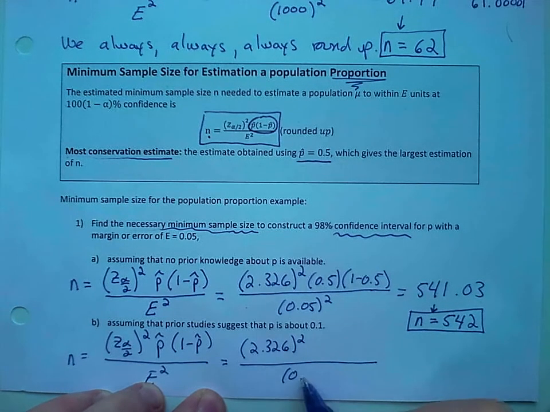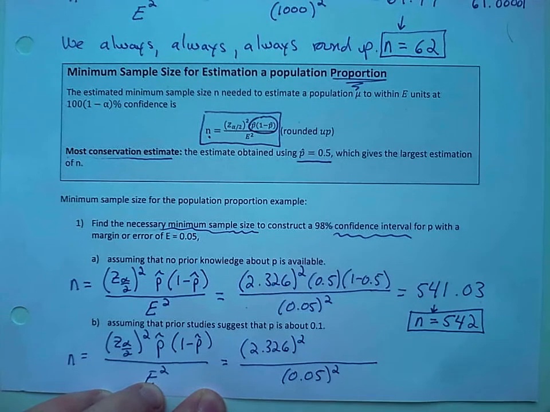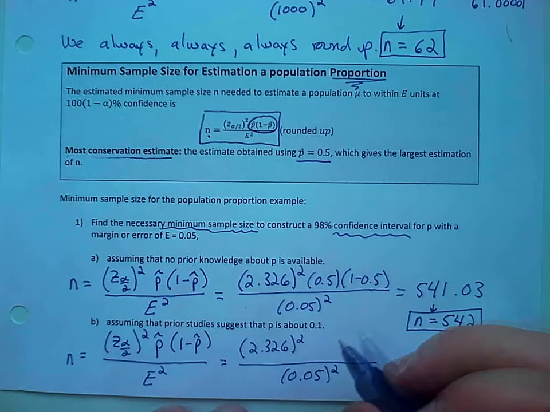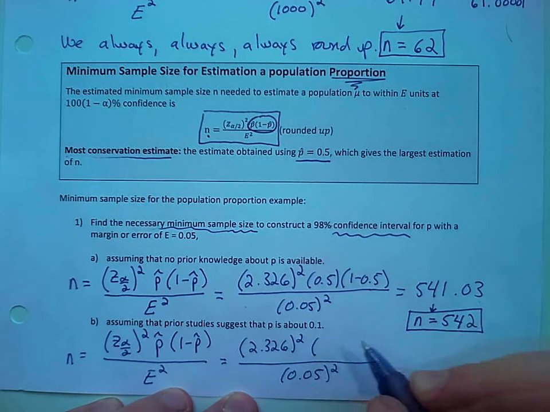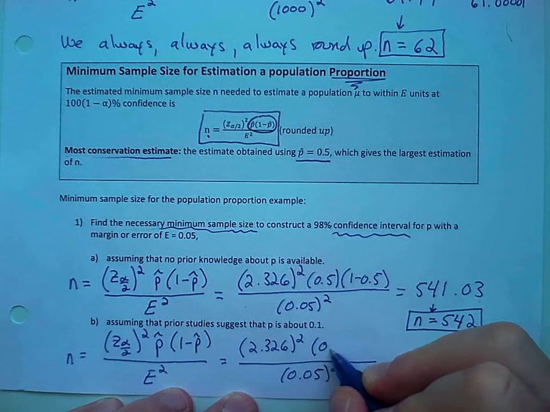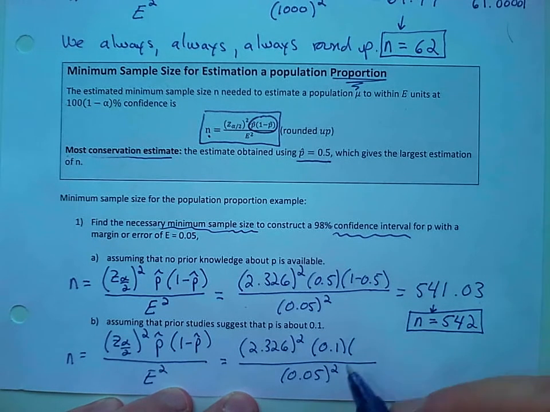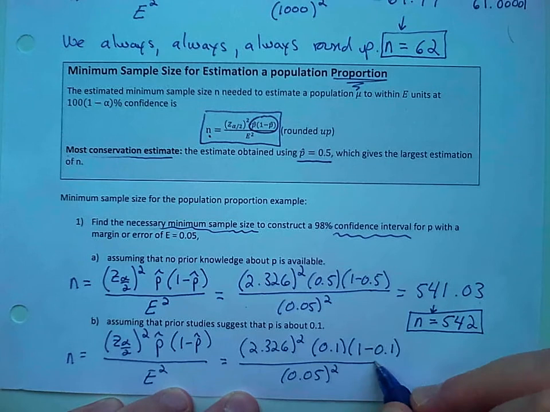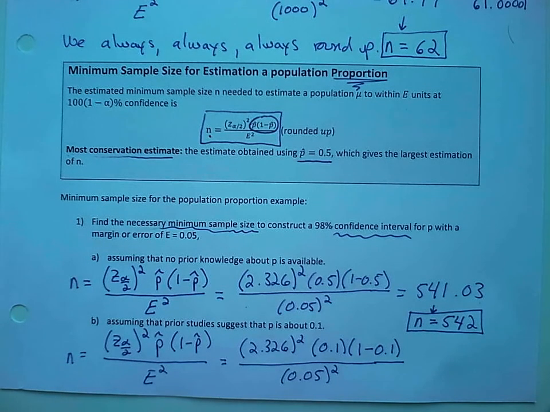We still have the same margin of error, so we're still going to use 0.05. Obviously, both of those quantities are squared. But now a previous study indicated that an estimate for p is 0.1, so we can use that for p hat: 0.1 times 1 minus 0.1 right here.